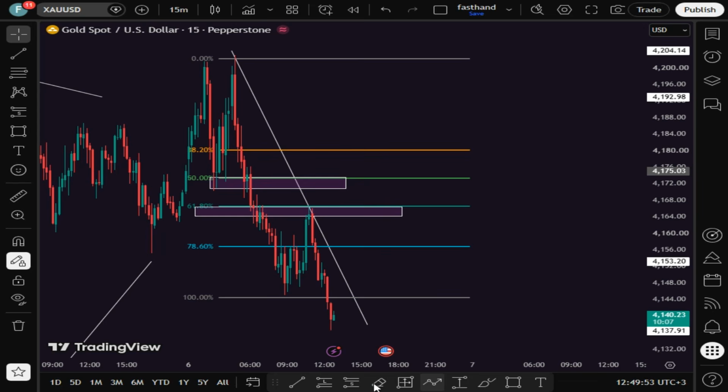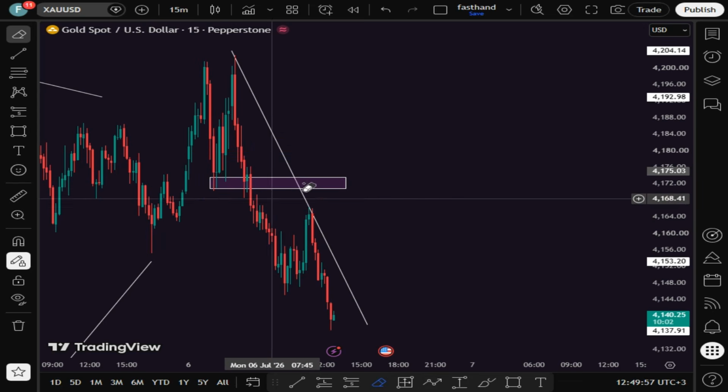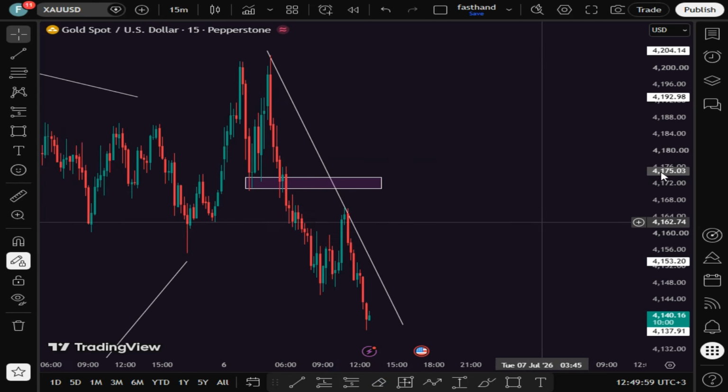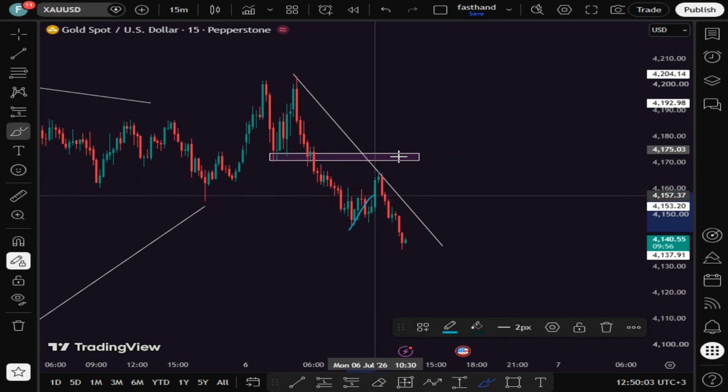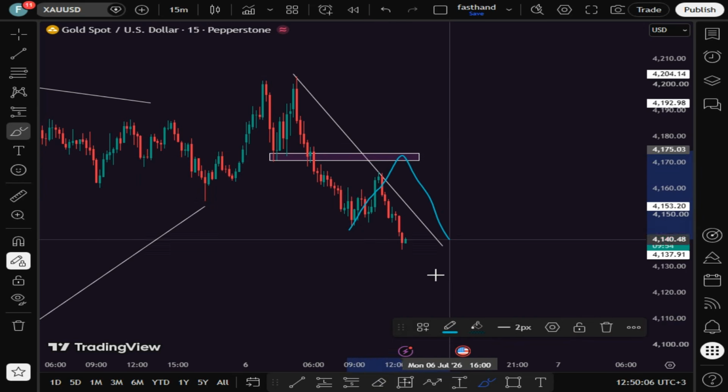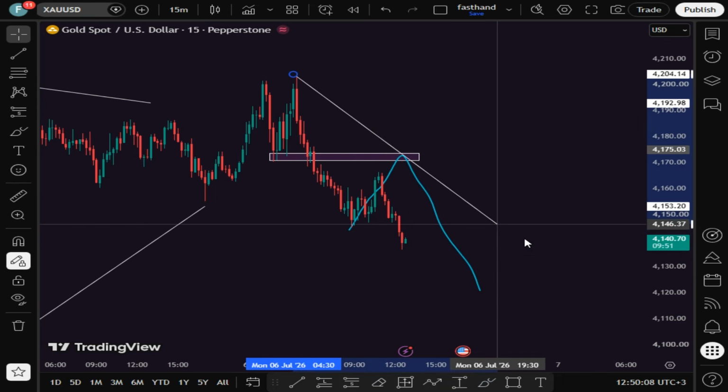Now let me remove this and I'll show you what I mean. If this was 50%, and price pulled back maybe around that level, then dropped, you see this trend would have been an amazing trend.